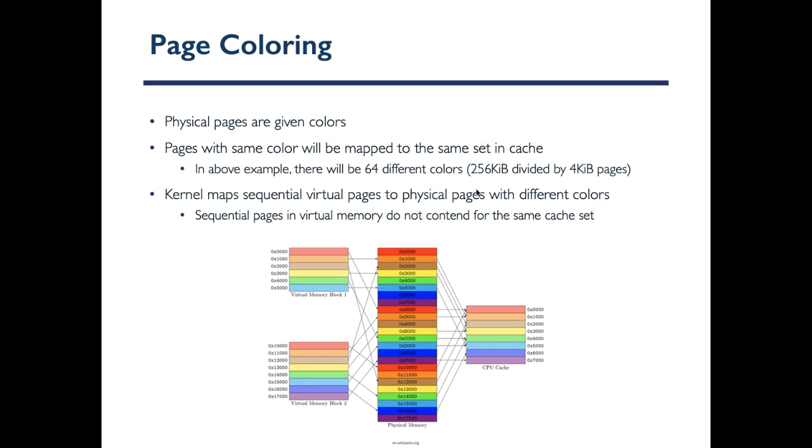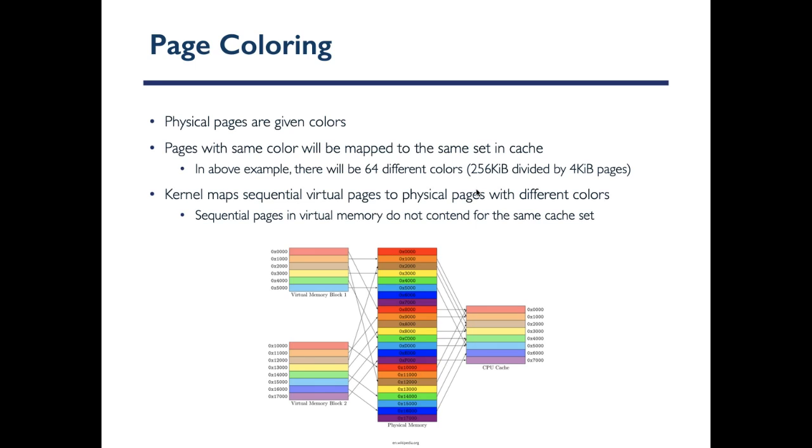The way operating systems avoid this from happening is by using a method that is called page coloring. What it does is basically it associates a color with all the pages that are mapped to the same set. So all the pages that are mapped to the same set in physical memory are going to get the same color.